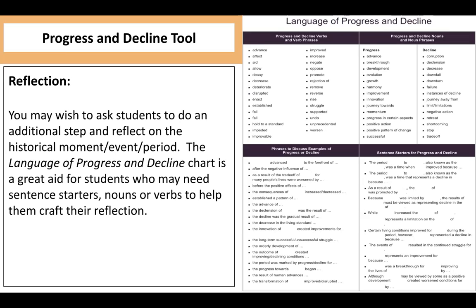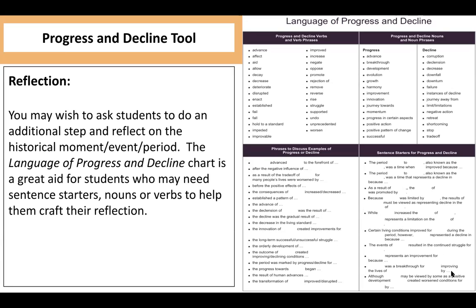There are also some phrases on how to discuss examples. And one of my favorites is the section on sentence starters. I feel that sentence starters are a great thing to look at because if you're stuck on how to start something off or how to talk about something, you can look at the sentence starters. It could give you a really good idea of what to do.